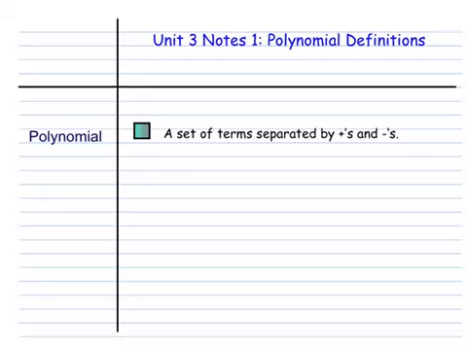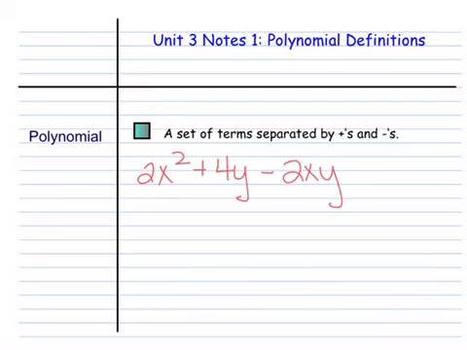So now we're actually going to talk about a polynomial and a couple different definitions of polynomials. When I'm talking about a polynomial, I'm talking about a set of terms separated by pluses and minuses. So just like before, if I had 2x squared plus 4y minus 2xy, this is a polynomial because it is 1, 2, 3 different terms separated by addition and subtraction.